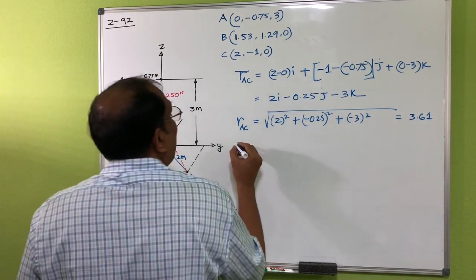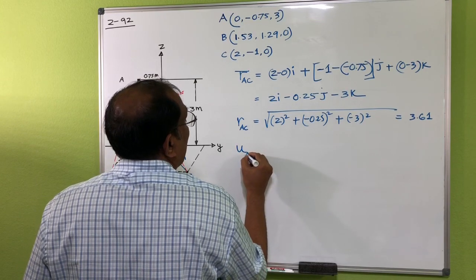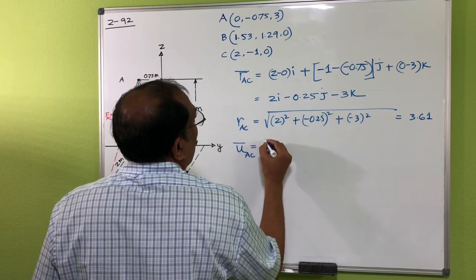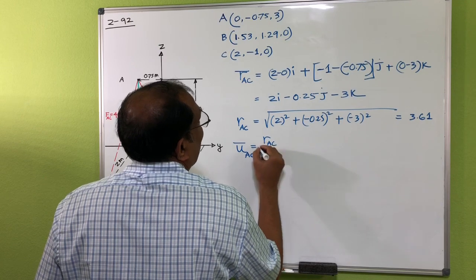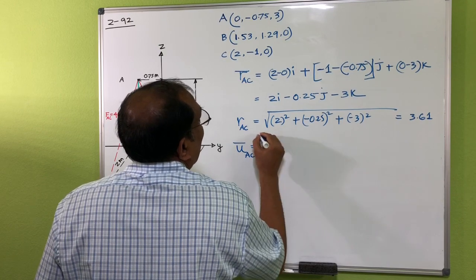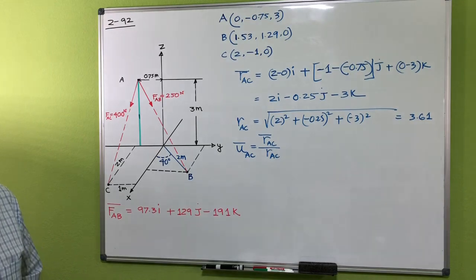So our unit vector AC has to be AC divided by the magnitude of AC, right?